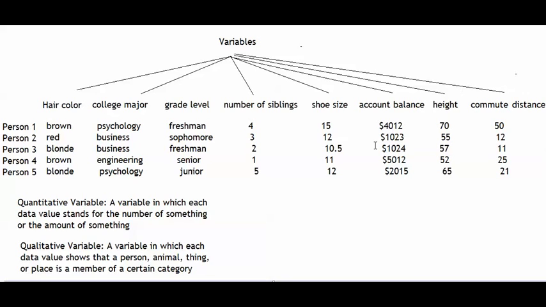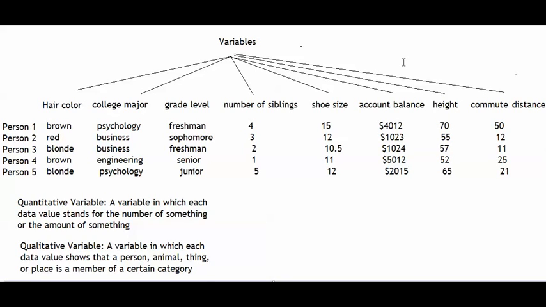If you think about it, a person's social security number shows that the person is a member of a certain category. The category is a category of one person. Also, a person's jersey number shows that a person is a member of a certain category. It just happens to be that that category only includes one person.